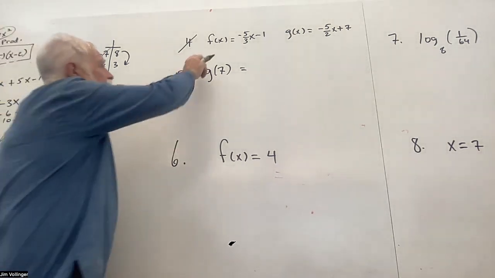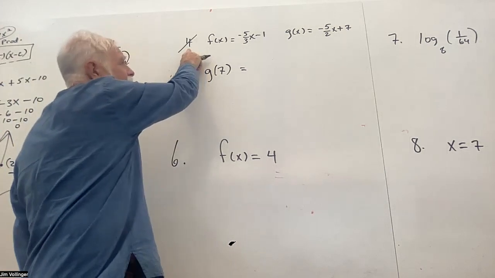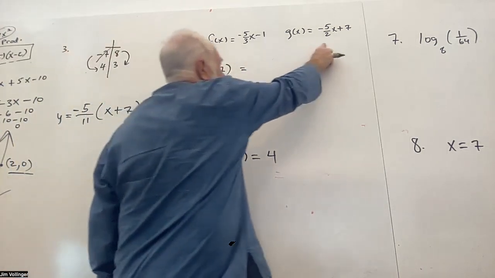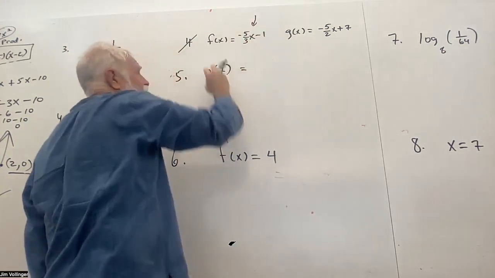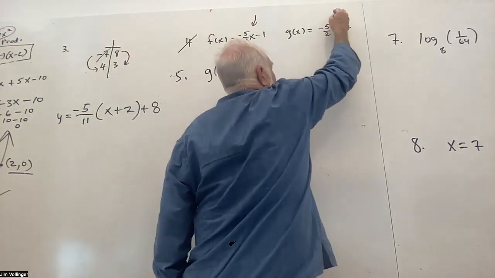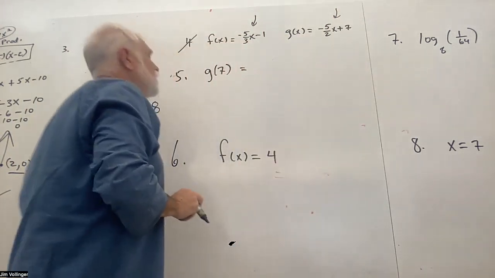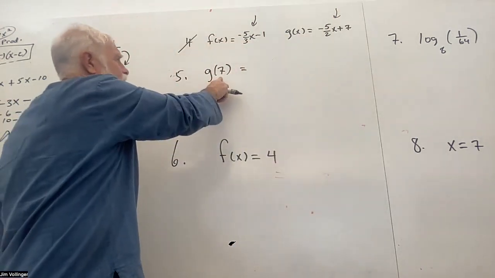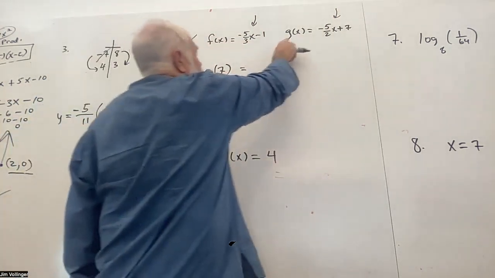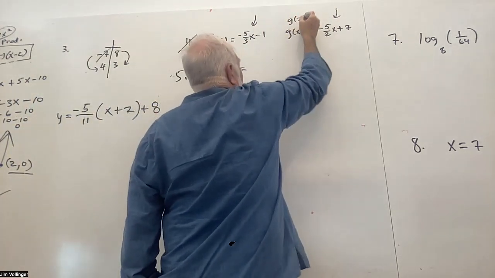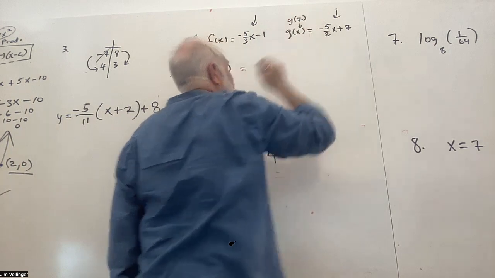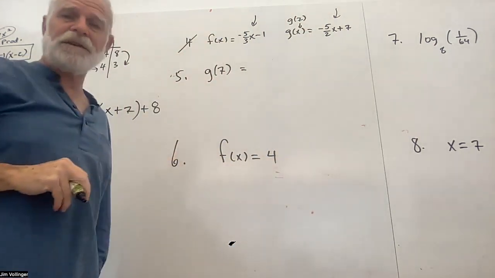All right, so we got number 4. It really wasn't number 4. It was given 2 functions. This calculation is referred to as f of x, and this calculation is referred to as g of x. And we're trying to find g of 7. 7 is an x value.